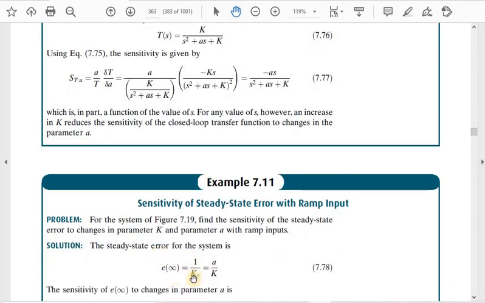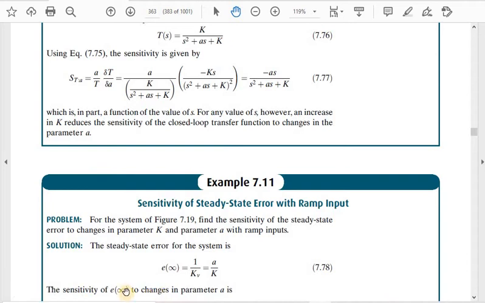Steady state error for ramp input, if you remember, becomes 1 over kV. So how do we solve for kV? If you remember, we have to take the limit as s goes to 0 of s times g of s. When we do that, it becomes a by k.